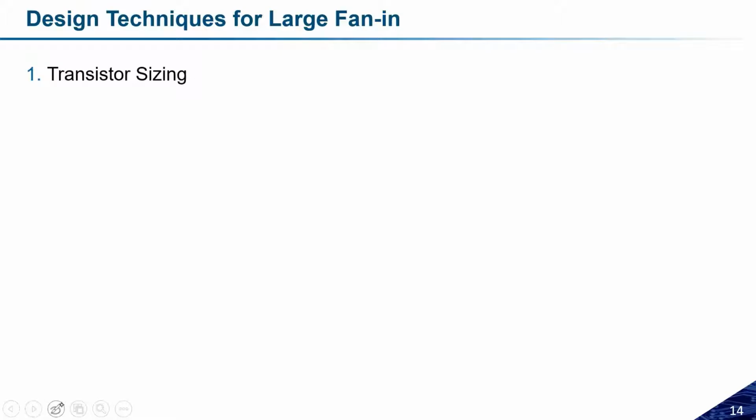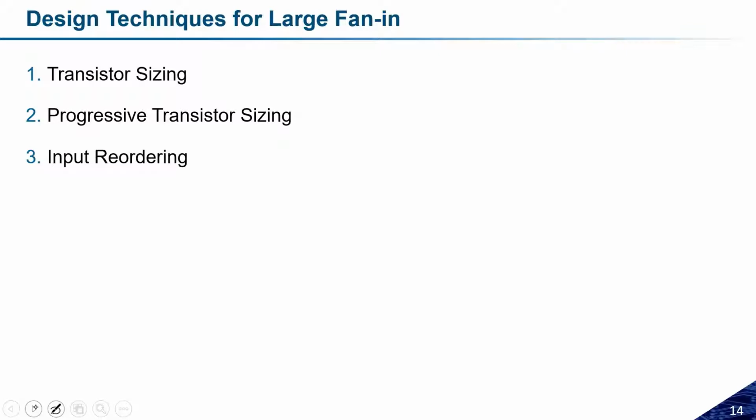The first solution is transistor sizing. What is that? I will tell you. The second solution could be progressive transistor sizing. The third solution could be input reordering. And the fourth one could be logic restructuring. Okay, so let us discuss one by one.